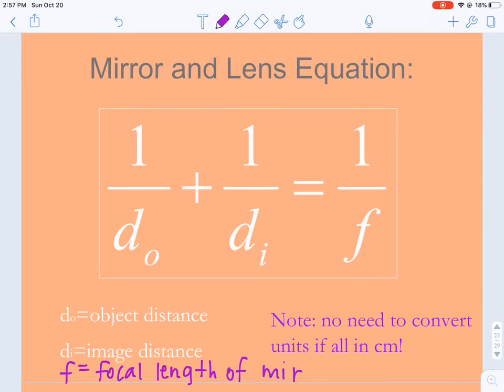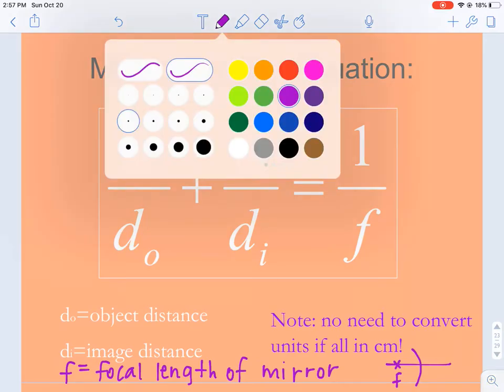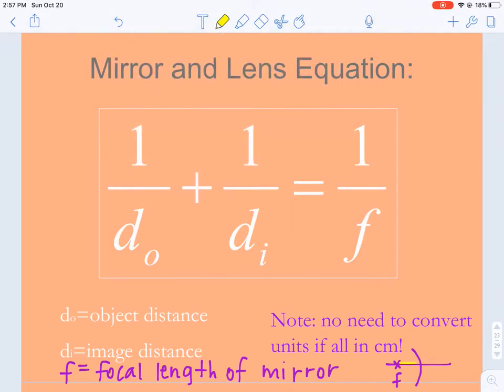So, every mirror has a focal length. That is the distance between the mirror and the focal point. So whatever that distance is, it's usually given in centimeters. And when thinking about units for this, if all the units are the same, we don't need to convert.